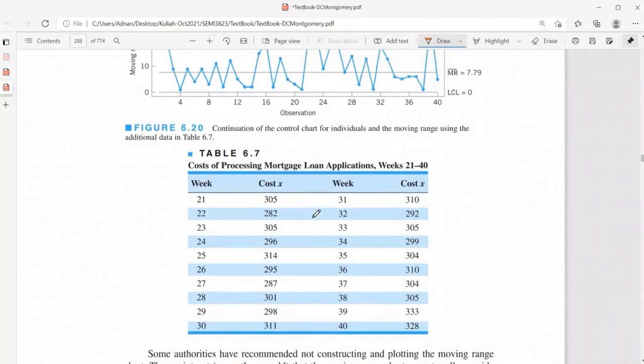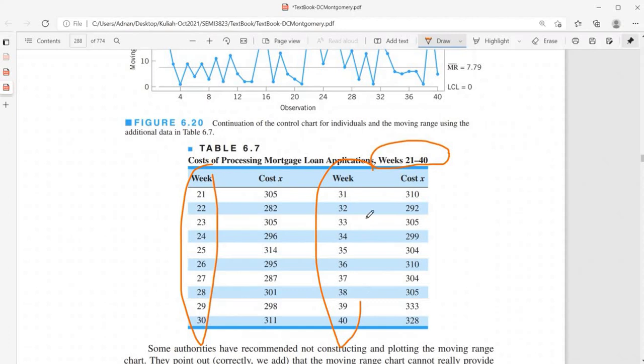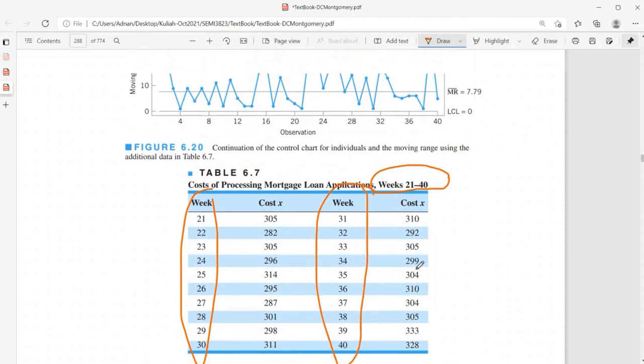Once we have a stable process, we can use it for monitoring the following process. For example, in this one, weeks 21 to 40: we have weeks 21 to 30 here, and then weeks 31 to 40. When the process is stable, we can use that for future monitoring.